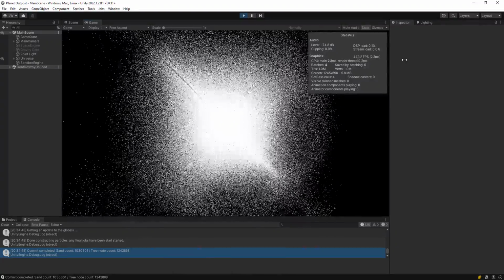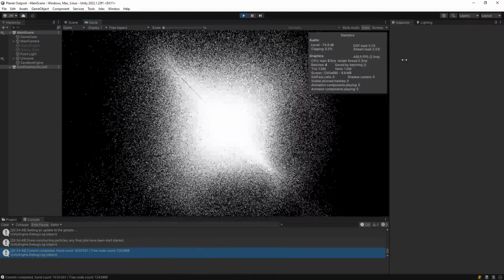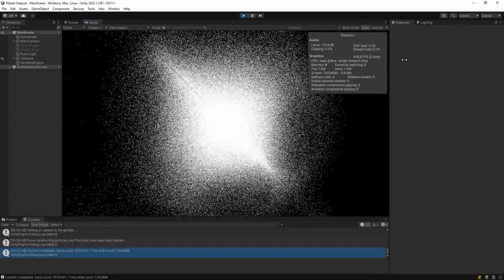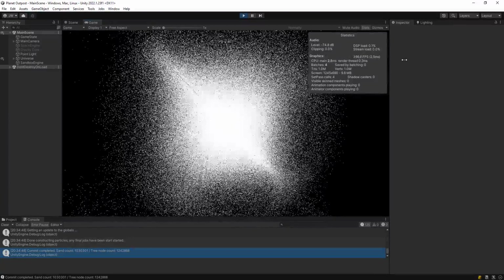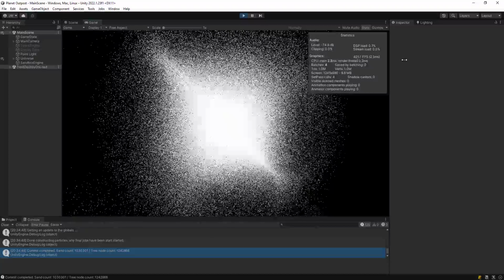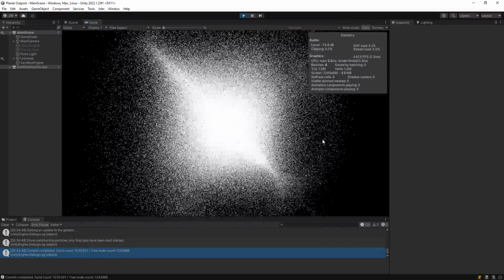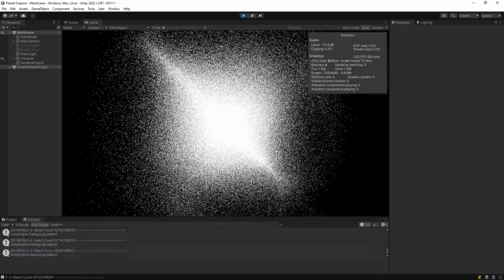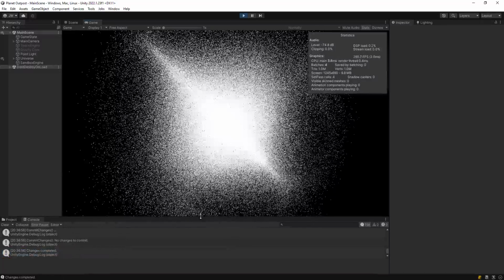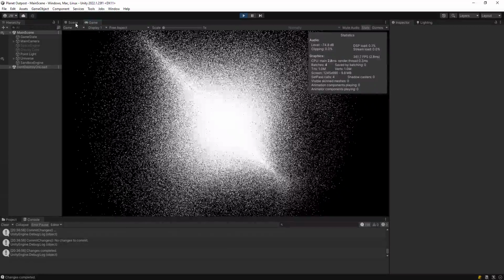The pattern's starting to skew off a bit. That's only because I added a bit of randomness to the velocities, just to throw the particles off, so it's not some weird perfect pattern that's just pulsating in and out. So yeah, that's about 1 million particles.